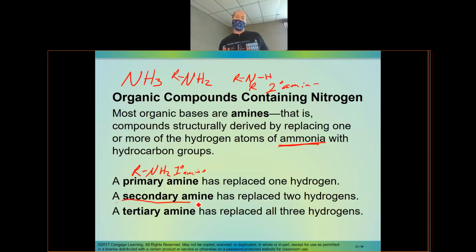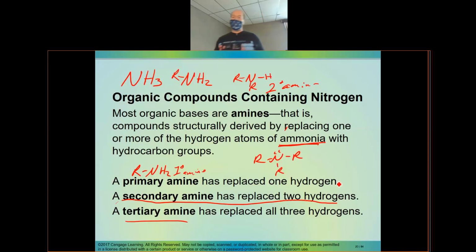A secondary amine is when you replace two of the hydrogens with alkyl groups. If you replace all of your H's with R groups, so now you've got an N with 3 R groups, 3 carbon groups, rather than 3 hydrogens, now you have a tertiary amine.